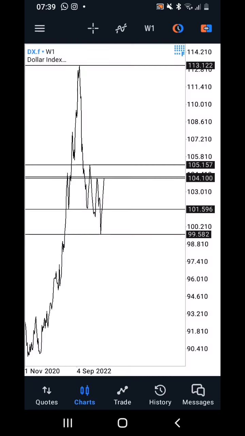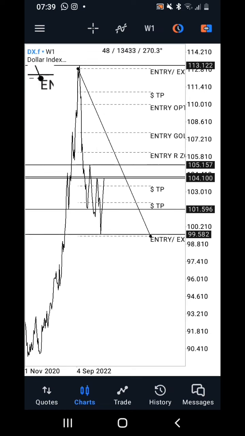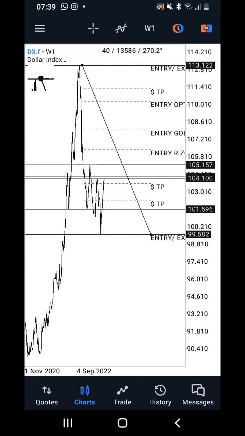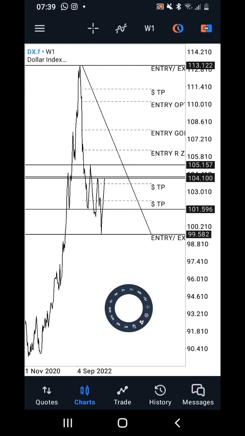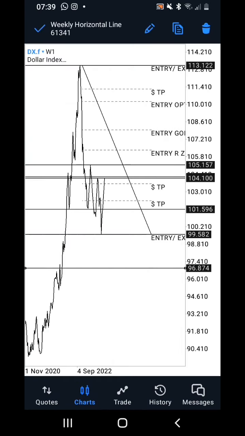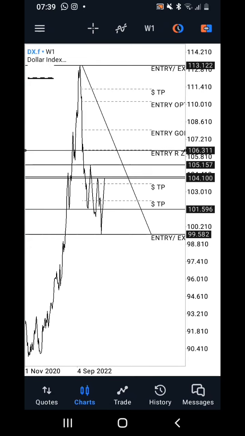In this case, as you can see from the entry zone, DXY already hit 2 TPs, and if it surpasses the $105 zone, we will be looking to enter somewhere there at the entry reversal or resistance zone option 3. And if it continues going all the way up, then we look to enter at the entry golden zone. But you guys have to be decisive, because this is very, very risky if you do not know what you're doing.